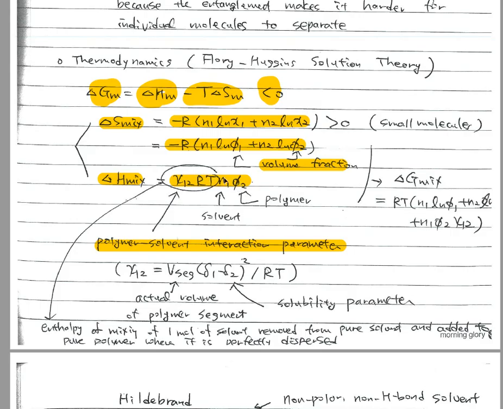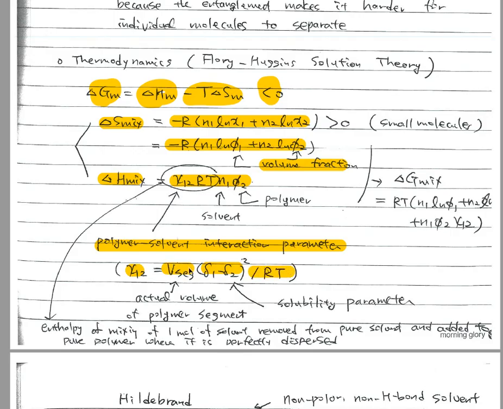The other parameters are very simple except this chi12, the polymer-solvent interaction parameter. As the name indicates, it probably indicates the molecular interactions between polymer and solvent, like how large that is, right? So chi12 here is equal to V seg times (delta 1 minus delta 2) squared over RT.